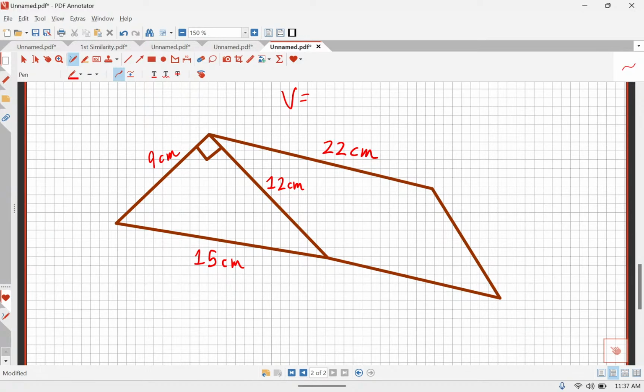Anyway, here. What if I held it like this? What if I held it like this? Okay, so 12 is. What if I held it like this?